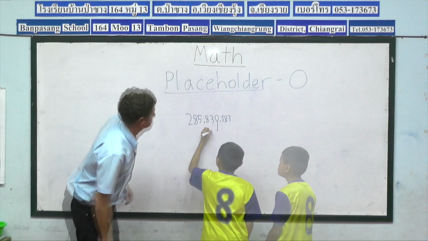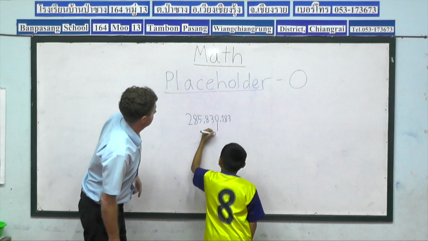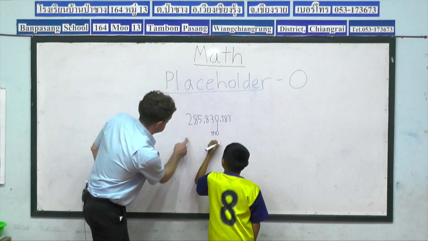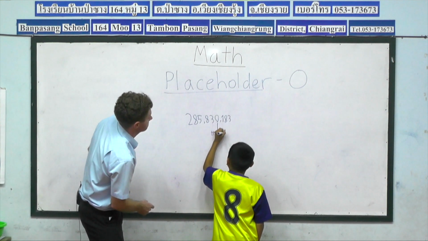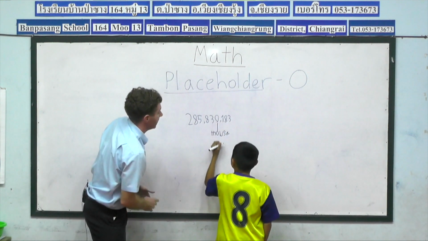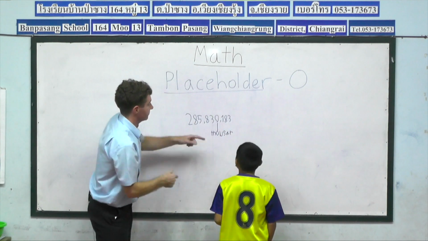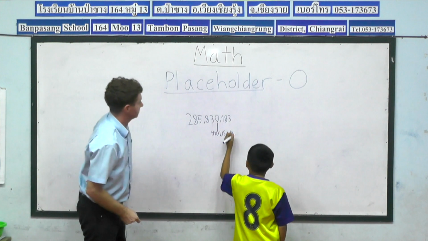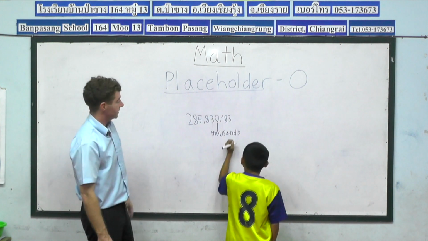So T, H, O, U, S, A, excellent, Chu. And then N. Perfect. A little bit more, bring it down. And then D. And another S. That's excellent, Chu.